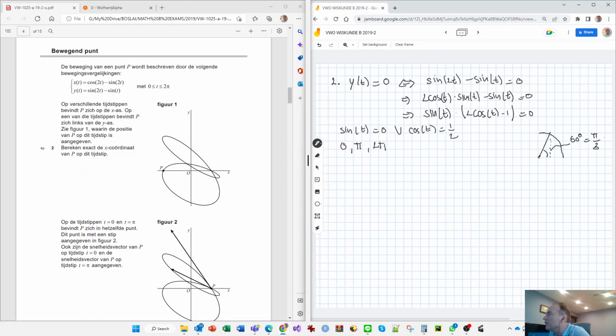And then it will also happen when you reflect it in the x-axis. And it's kind of minus 60, which is then 360 degrees, 300 degrees. And that's basically, so what is it again?